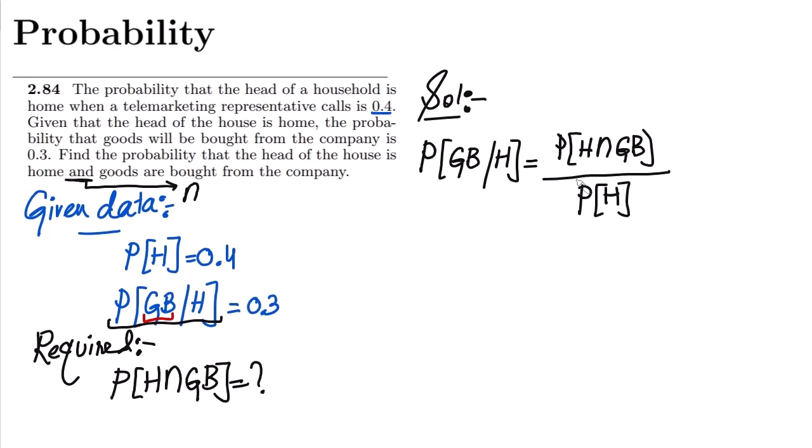Okay, so this is the formula for the conditional probability. Now we want to find out this quantity, because this is what we have been asked for in the required data.